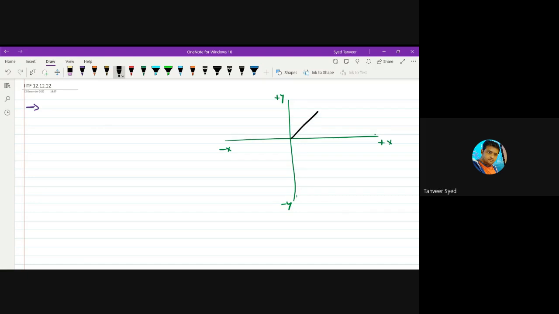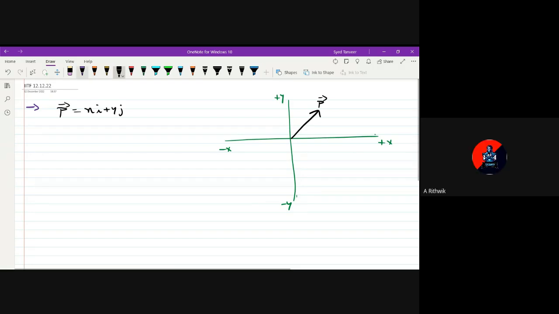If I draw a vector like this, this is vector P. Can I represent vector P as xi plus yj? What does this mean?